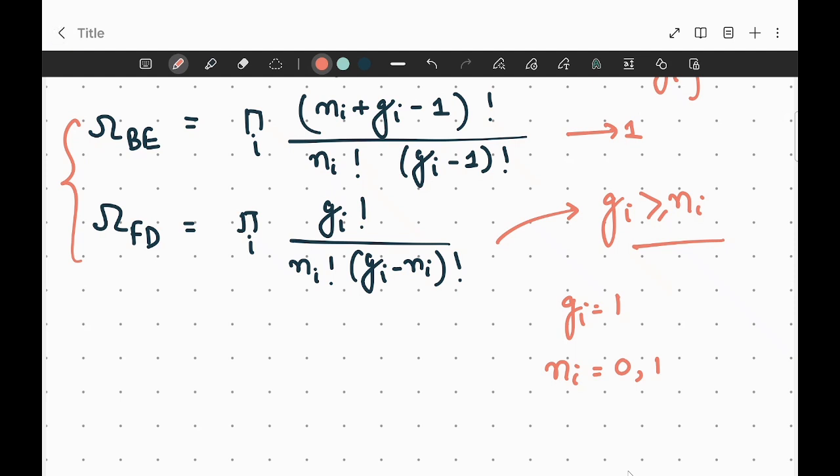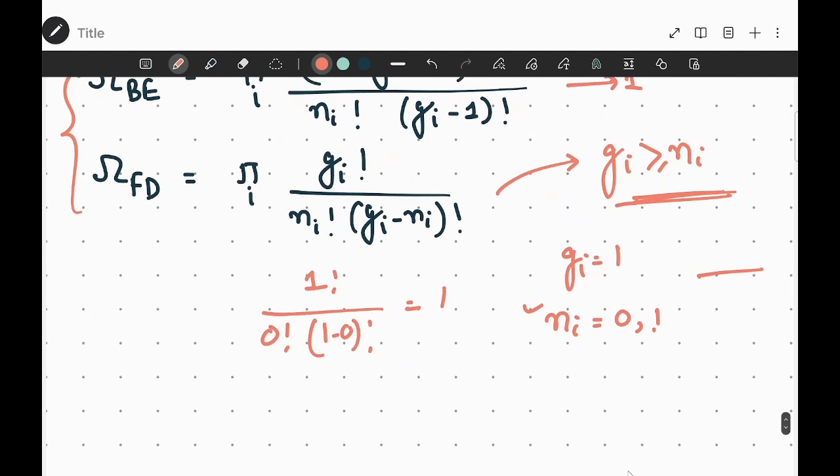If for a particular level Gi is 1, degeneracy is 1, then Ni must be 0 or 1 because you have to follow this condition. That means only one state: one particle can be there or no particle can be there. When it is 0, it is 1 factorial by 1 factorial into 0 factorial, so it is 1.